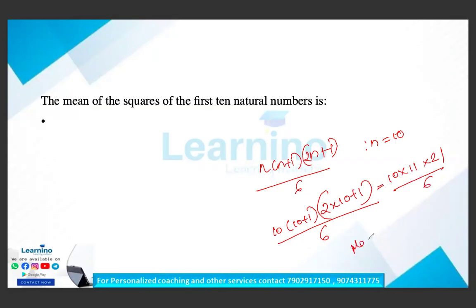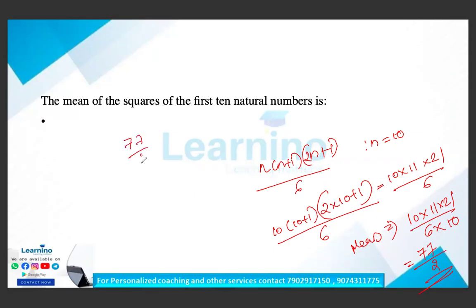So mean equal to 10 into 11 into 21 divided by 6 into 10. So 77 by 2 will be the answer of this question.